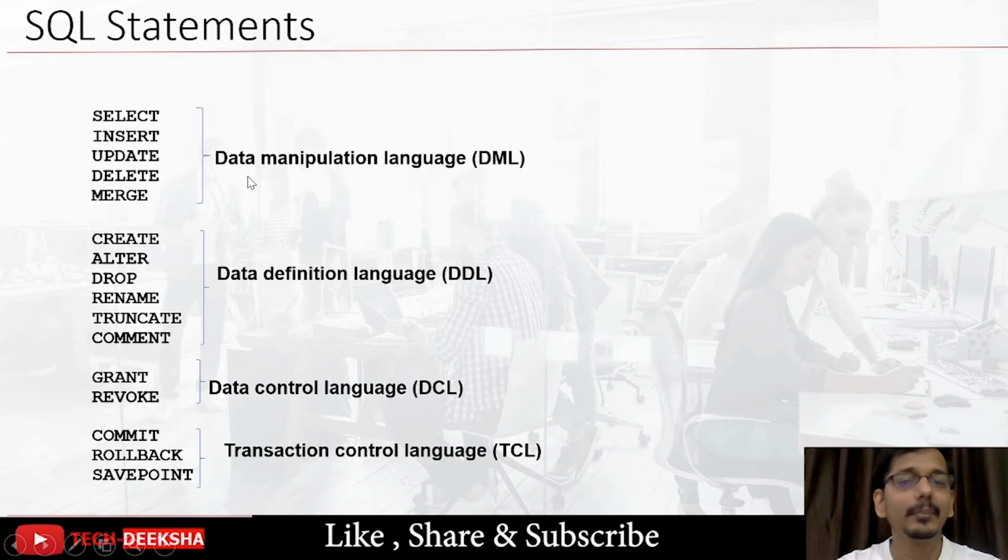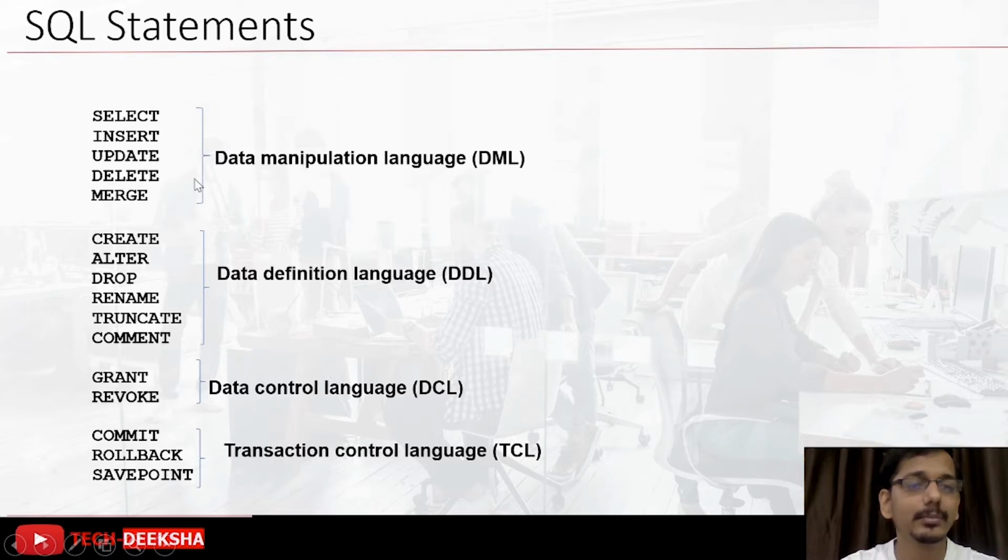In data manipulation language, the select, insert, update, delete and merge statements belong to this section. Using select, you can extract the data from the table. Using insert, you can store the data into the table, and using update, you can update some value in the table.